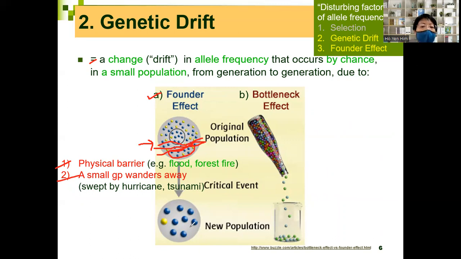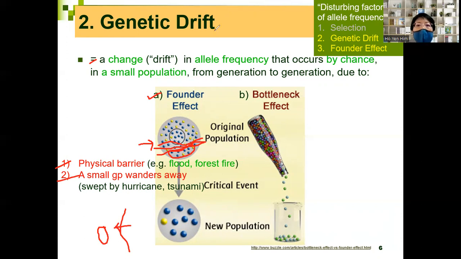Therefore, it becomes a new population in another location already, separated from the original population. It could be birds from the mainland, and because of a hurricane being blown by the wind, they arrive at an island that's nearby. So they become a new population separated from the original population. So this is called the founder effect.